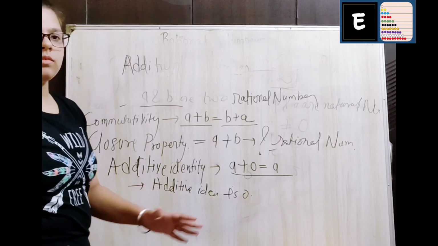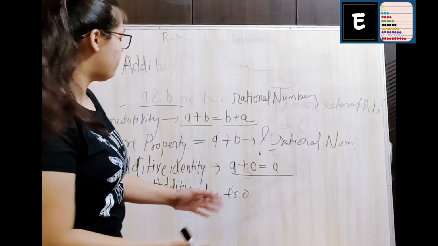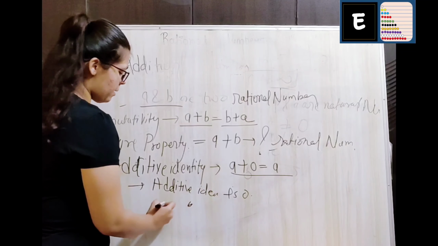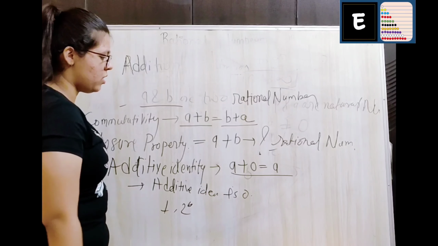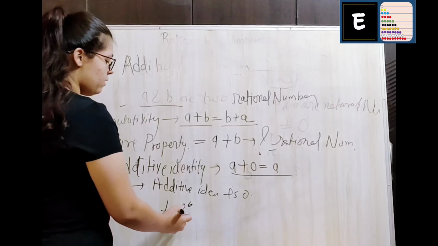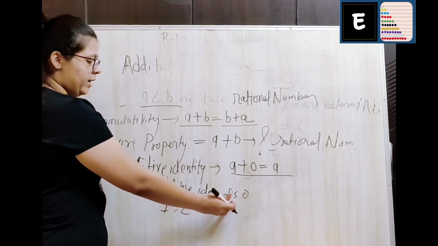Why? Because you take any rational number, for example b, c, for example 1, 2, 3, any rational numbers. If we add 0 to it, we get the same answer. So this is additive identity.